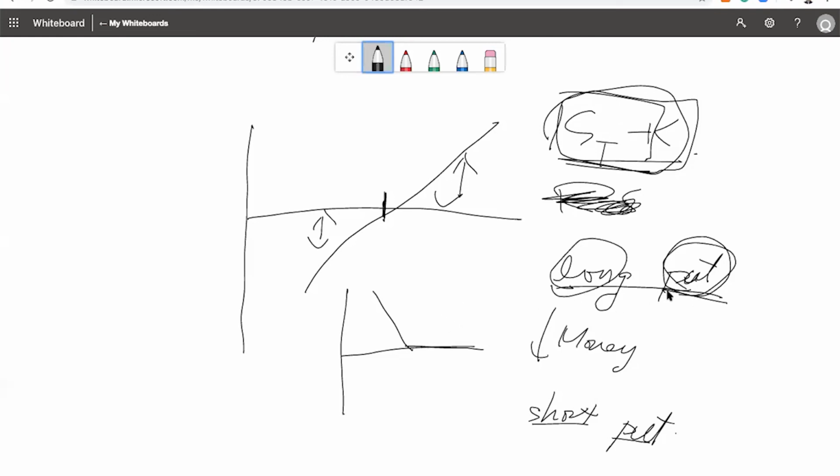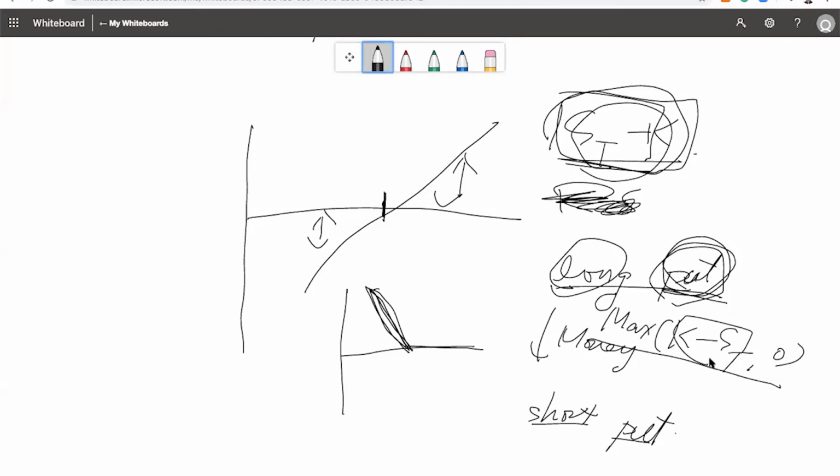And since this is the put, it is a right to sell some product at a fixed price. So in that sense, this is the payoff of the long position of the put option. So it doesn't matter whether it is ST minus K or K minus ST.